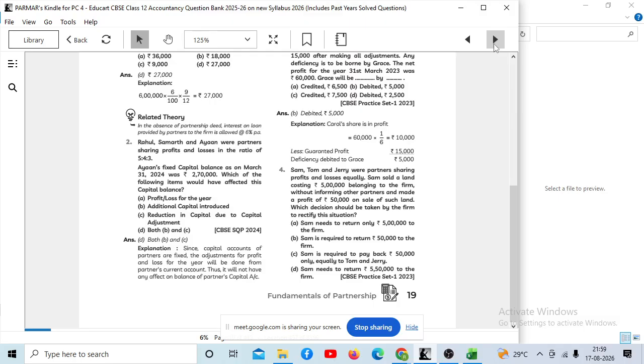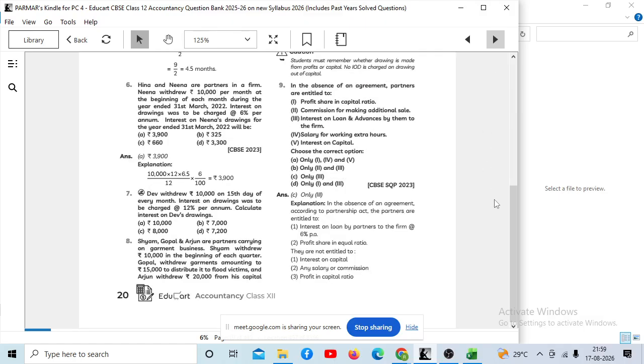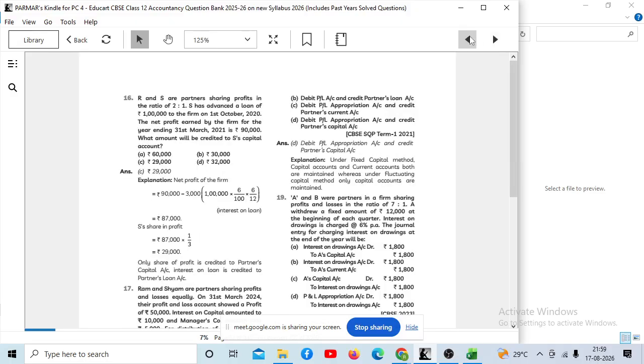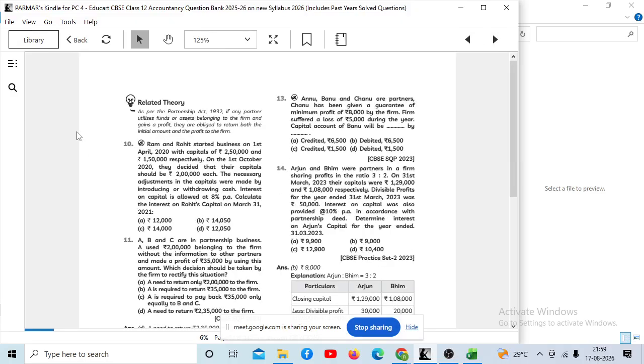Let me check. See, as per the Partnership Act 1932, if any partner utilizes funds or assets belonging to the firm and gains a profit, they are obliged to return both the initial amount and the profit to the firm.